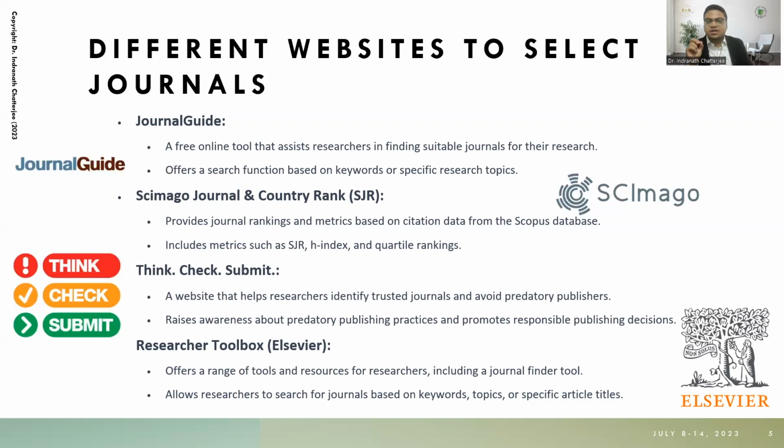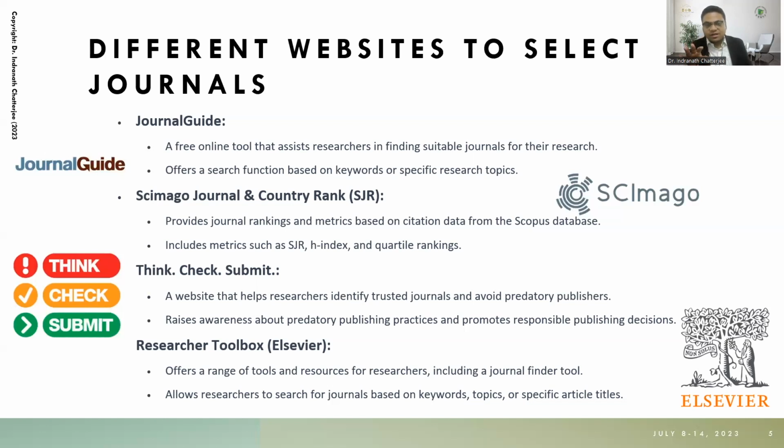So this Journal Guide is a very important thing where you can not only search the suitable journal for your paper, but also you can search the papers which are actually from a decent journal. So whenever you search for a journal in the Journal Guide, based on your title and keywords, it will show you a list of different journals, and those journals are actually decent journals.